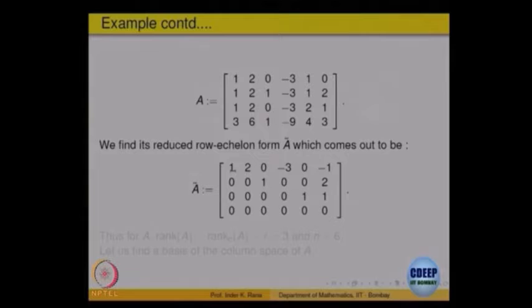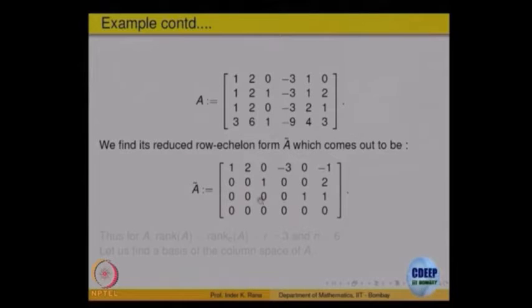The first non-zero entry in the first row is 1, and everything below is 0. In the second row, the first non-zero entry is coming at the third place, and everything else below that is equal to 0. In fact, above that also it is 0. So, this is the reduced row echelon form. In that column everything else is 0.